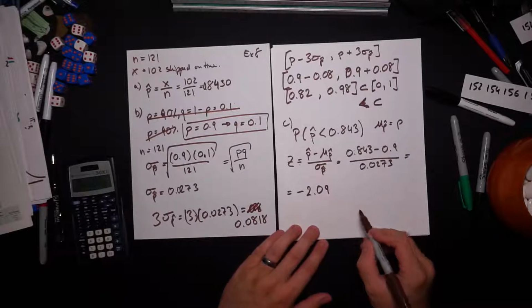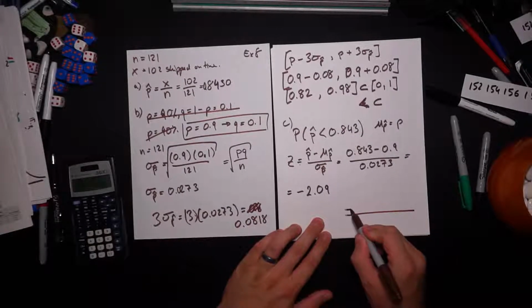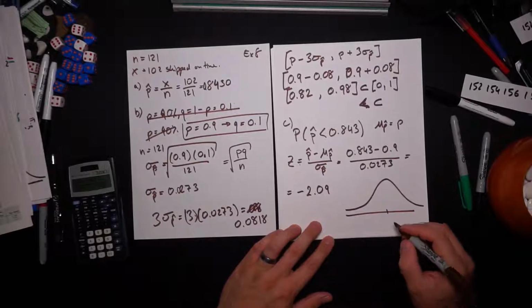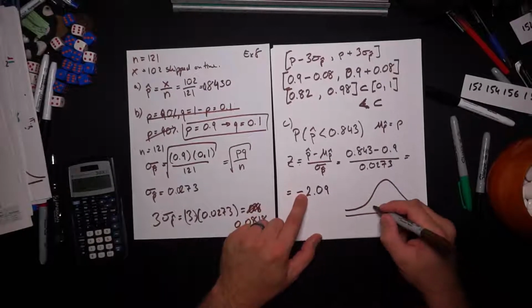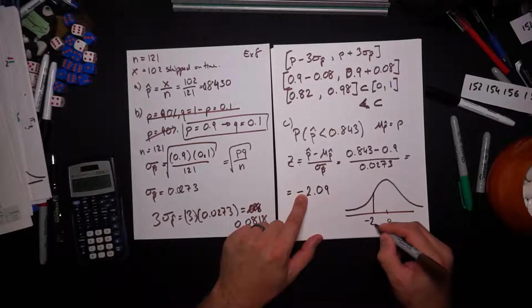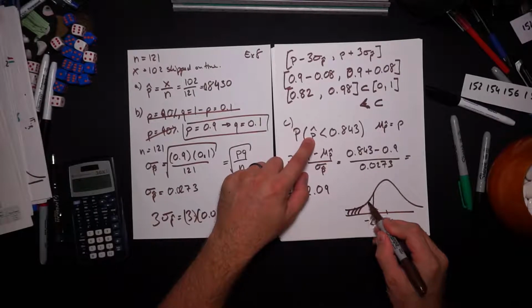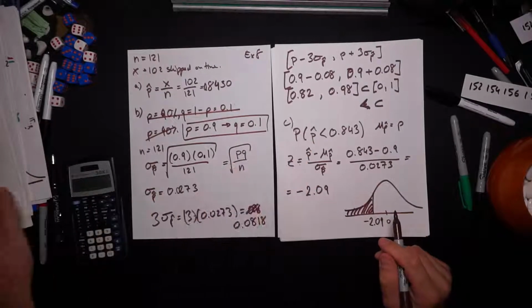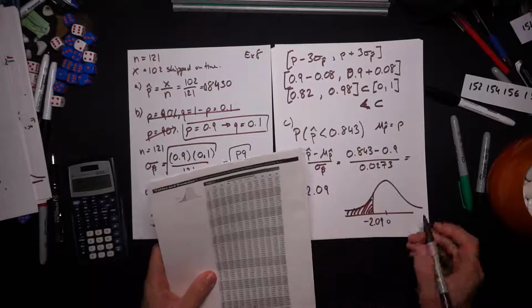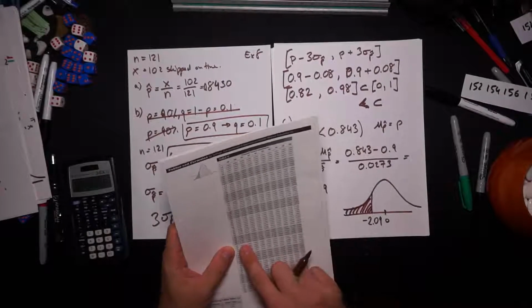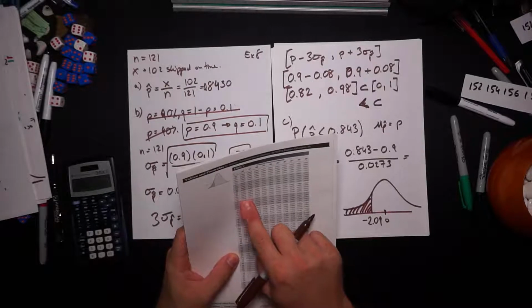All right, well, that's negative 2.09, and we want numbers that are smaller. So we look up our table, negative 2.09.